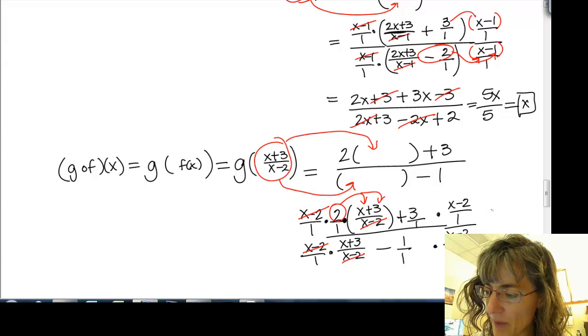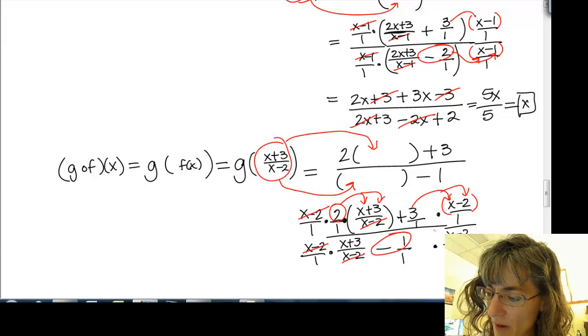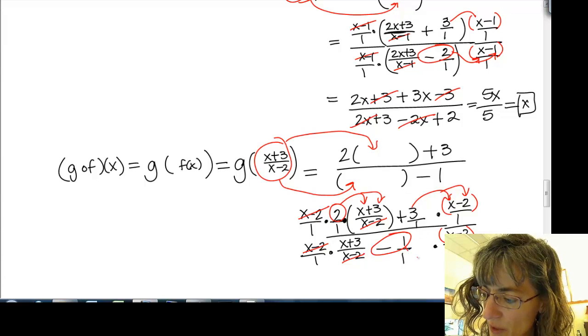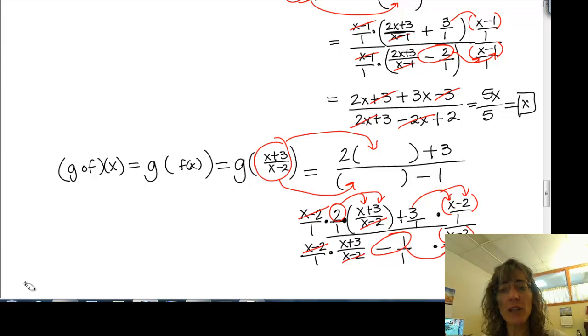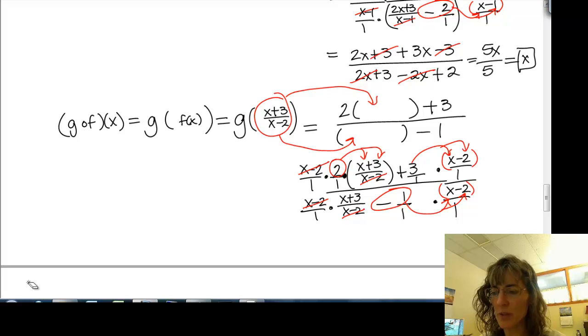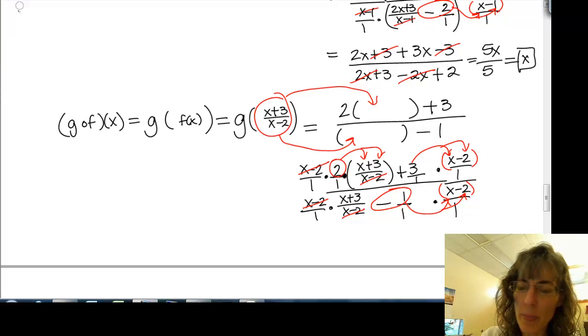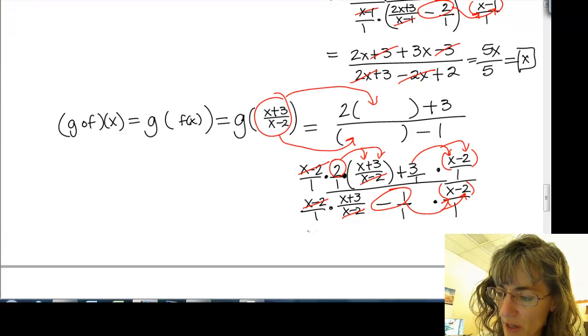So this 2 is going to be distributed here, and this 3 likewise distributed here. A negative 1 will be distributed here, and I don't have anything happening to that x plus 3, so I'll just be writing it down.